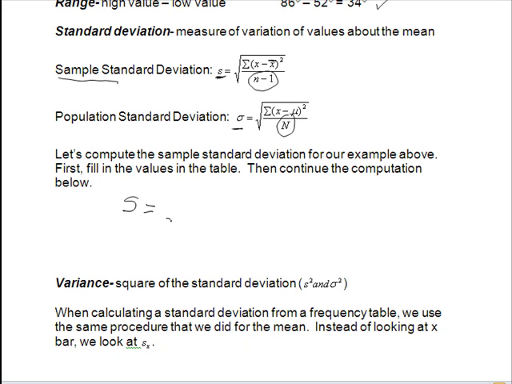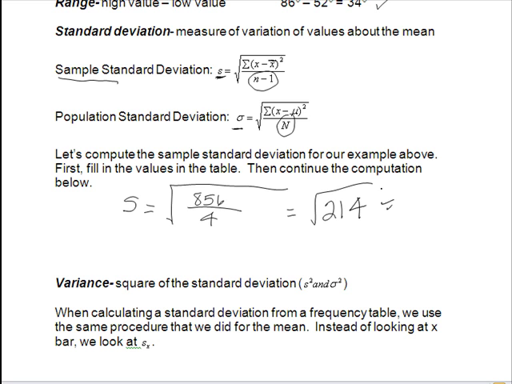Let's see, I think 4 will go into that evenly. I'm hoping. 214. And the square root of 214 is 14.628. We want to carry it out one place. They were all whole numbers, so we want to carry it out to the nearest tenth.